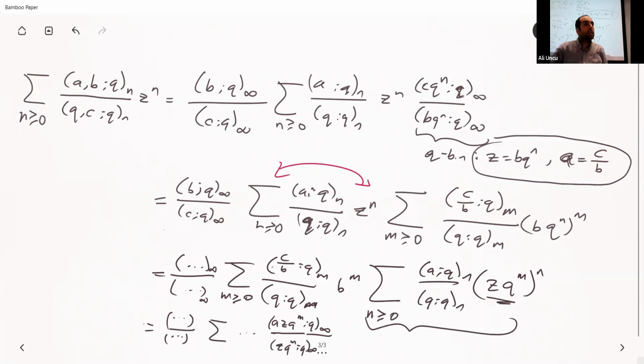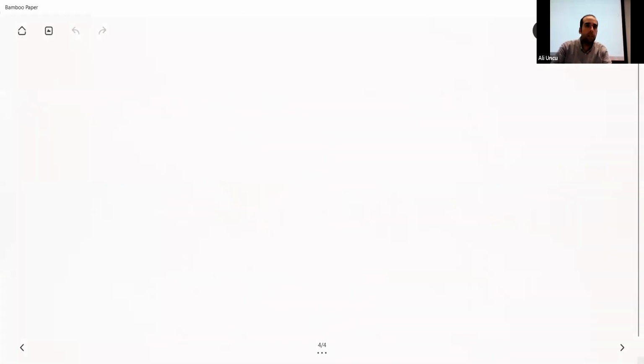So this infinite product depends on m, but at least we were able to get rid of one of the sums. So let's again, just for the last bit of the proof, write what we have proven.